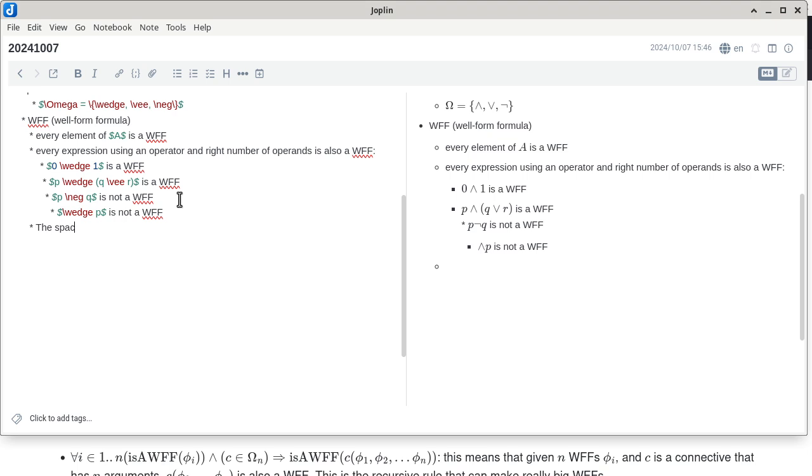So the space of WFF, or well-formed formulae, is all the syntactically correct expressions. Some may not be useful at all.